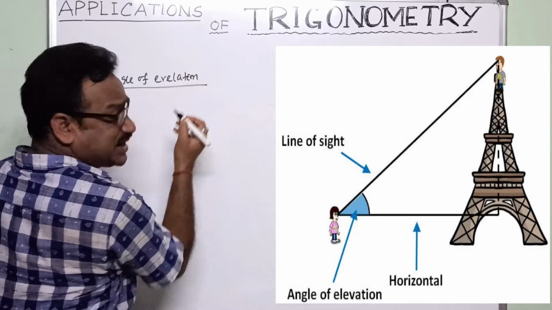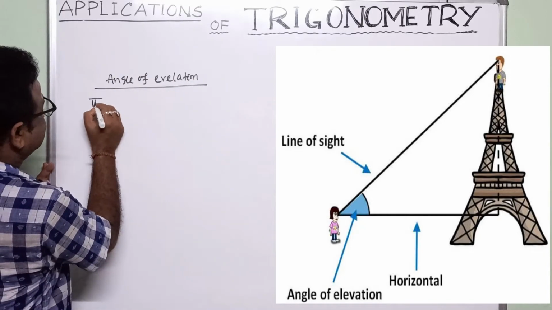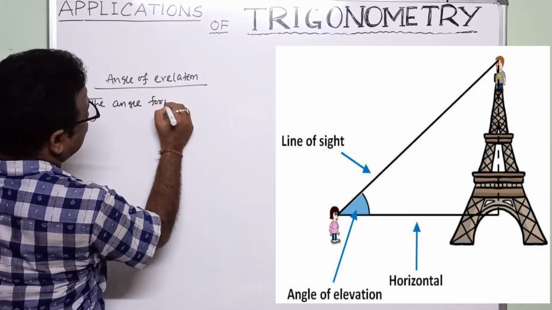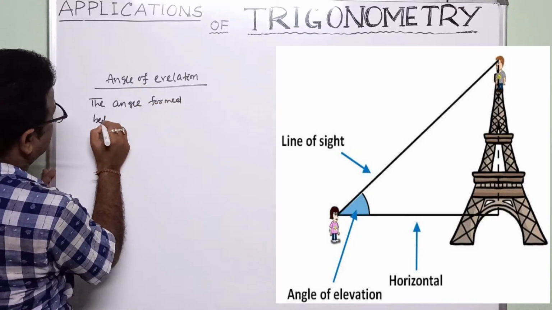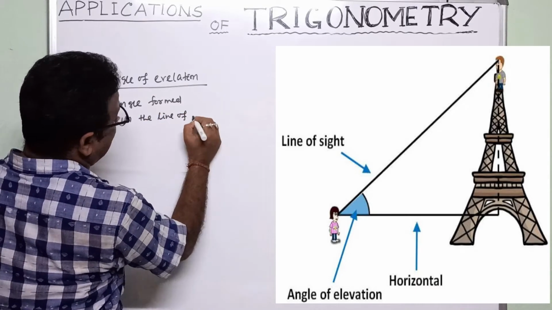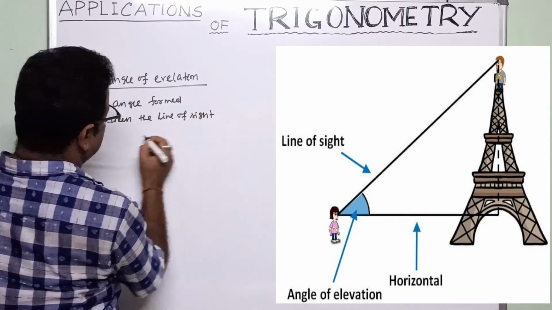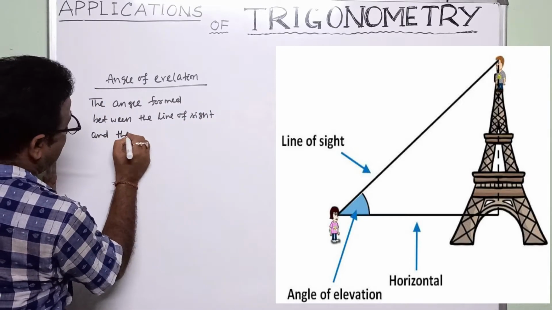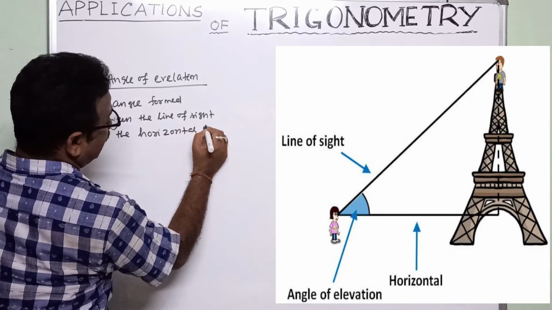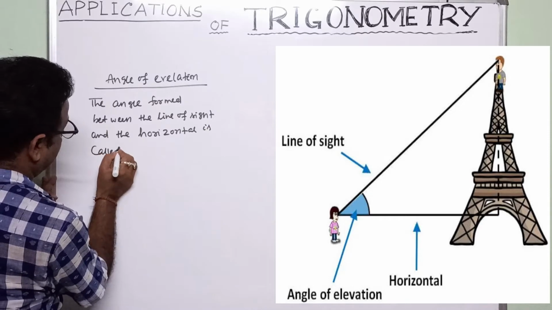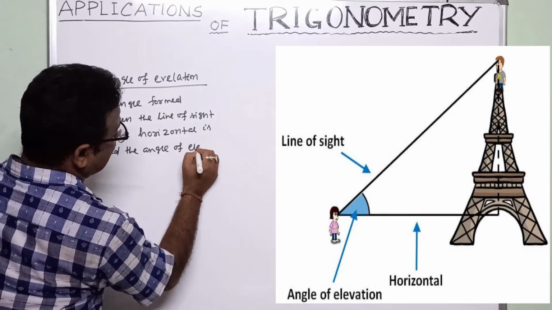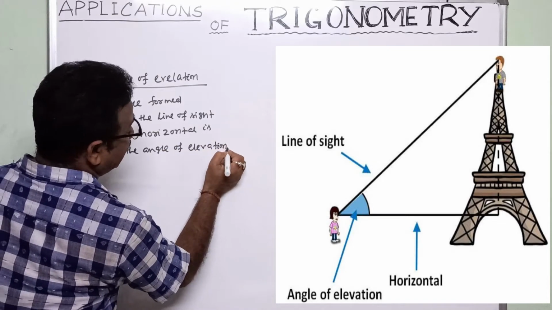So what is angle of elevation? The angle formed between the line of sight and the horizontal is called the angle of elevation.